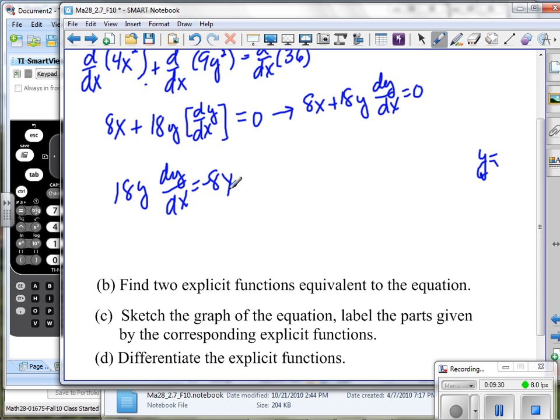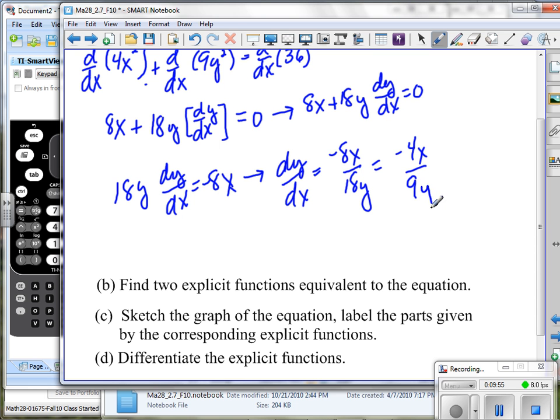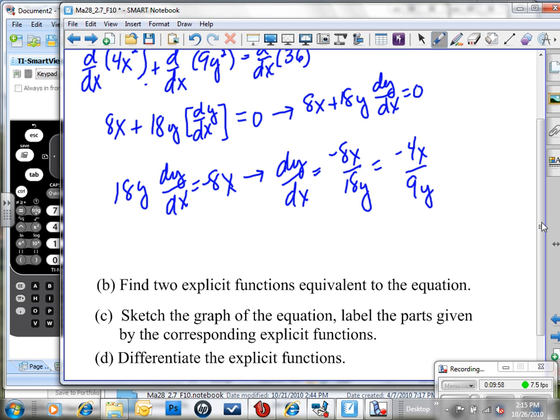Yeah, we're doing the same algebra moves that we did back in Algebra 1. We just have to subtract and multiply and divide accordingly. So I have dy/dx equals negative 8x divided by 18y. Can I simplify that? Sure. So I'm going to simplify it. Let's see, negative 4x divided by 9y.